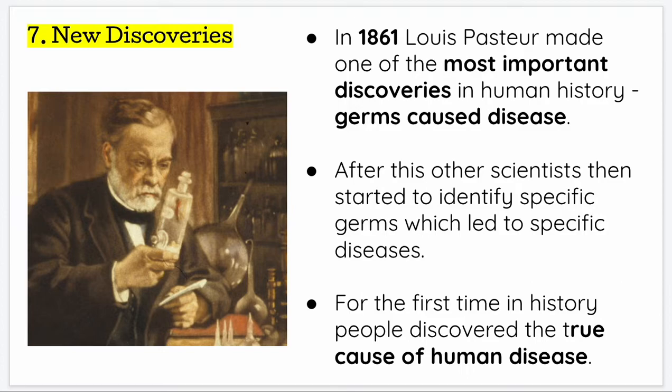In 1861, Pasteur made one of the most important discoveries in human history, that harmful germs could enter the body, grow fast and cause disease. In the late 19th century, other scientists built on his work by identifying germs which caused specific diseases. At last, the true cause of human disease had been discovered.